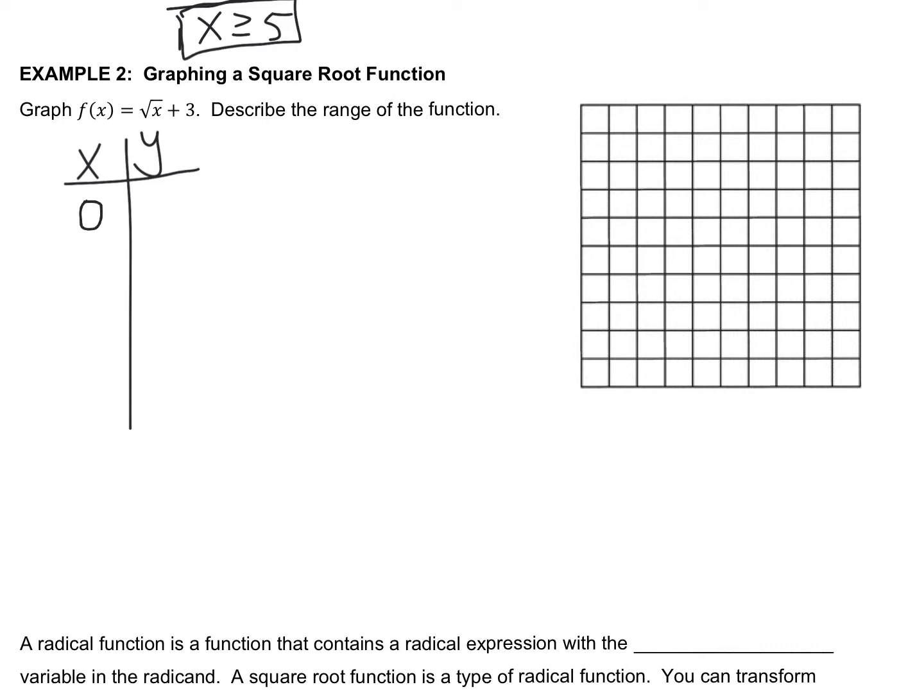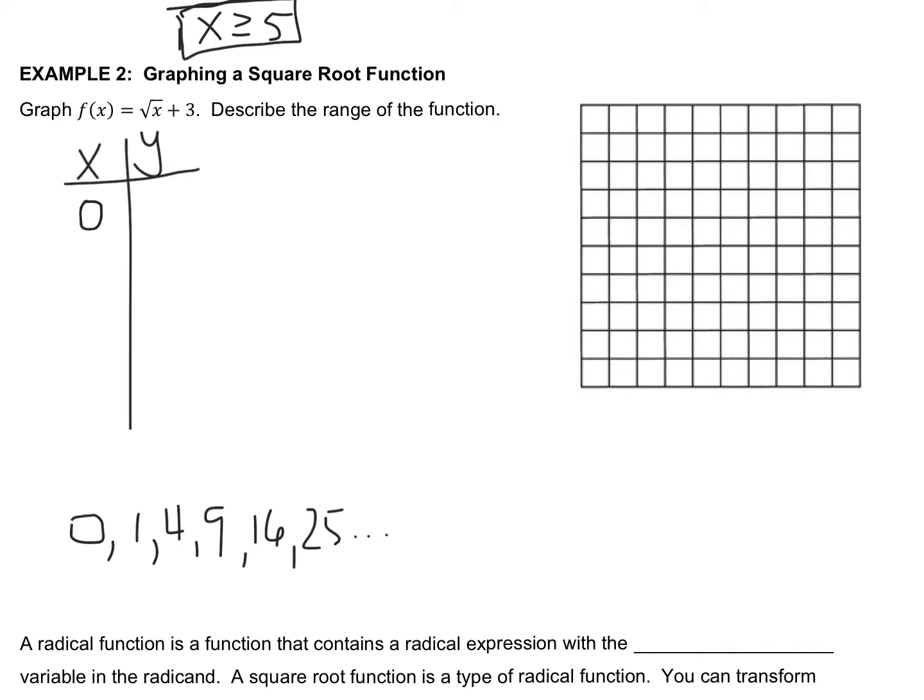So let's make a quick list down here. My perfect squares, as a reminder: 0, 1, 4, 9, 16, 25, and it keeps going. As I look through all of these, I want my radicands to be perfect squares.